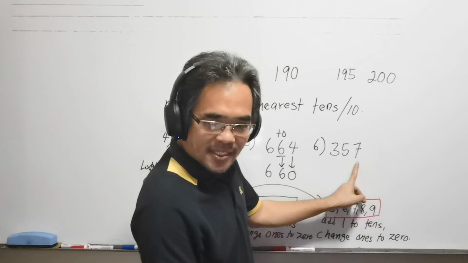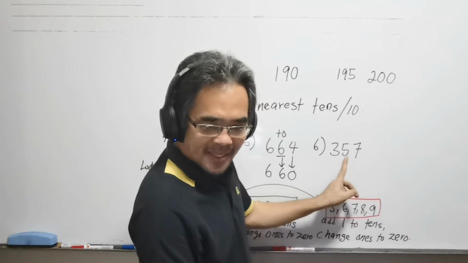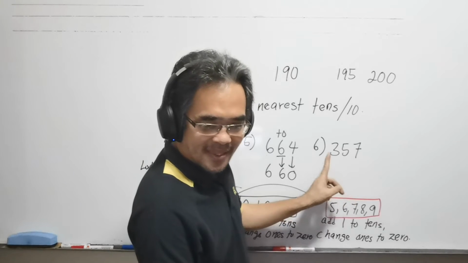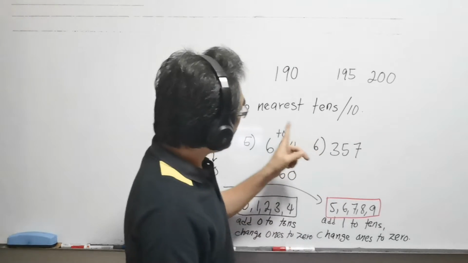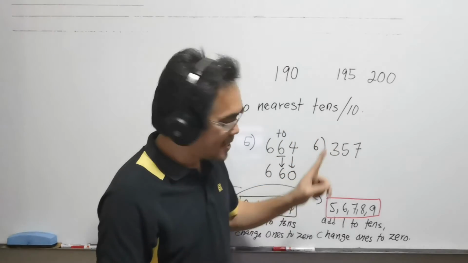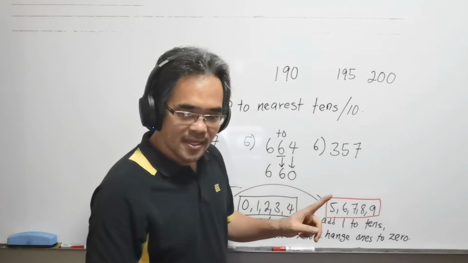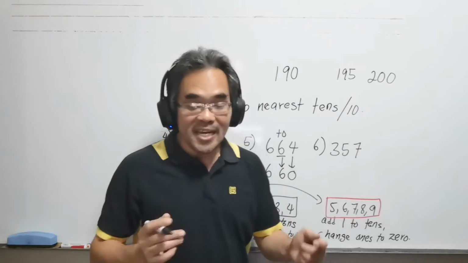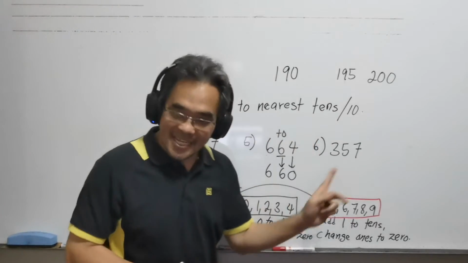So this one is ones. So if you need to round off to the nearest 10, because the question now is rounding off to the nearest tens.